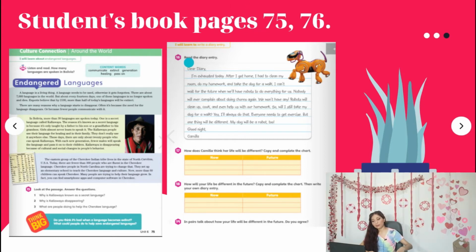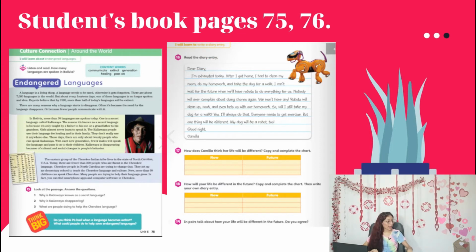We have activity 16, read the diary entry, okay? So we are going to read this other example, diary entry. I'm exhausted today. After I got home, I had to clean my room, do my homework, and take the dog for a walk. I can't wait for the future when we'll have robots to do everything for us.